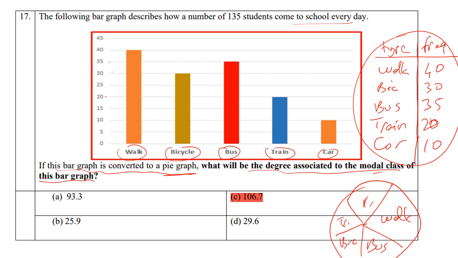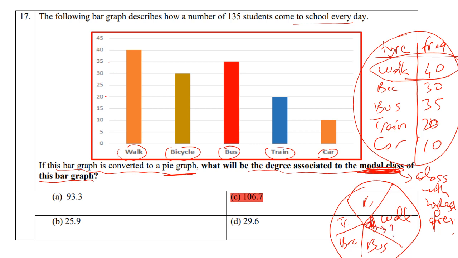The modal class here is the class with the highest frequency. So the highest frequency here is walking. So the question is, what is the degree of this?